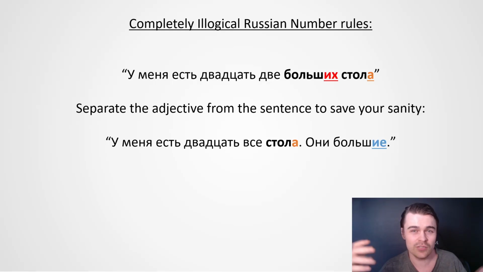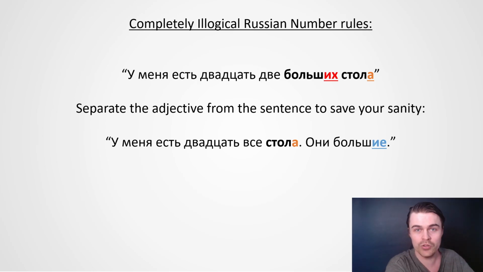Just don't do it. Or just separate. You could say, for example, у меня есть 22 стола. Они большие. Done. Separate the sentences. Then you can save your sanity and not have to think that something is plural while saying it's singular, when it's not actually singular, because it's 22, and how can 22 be singular?